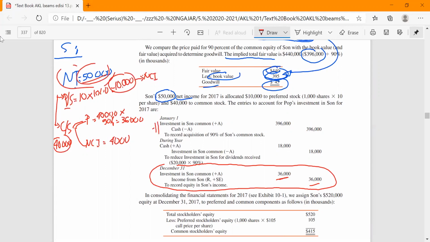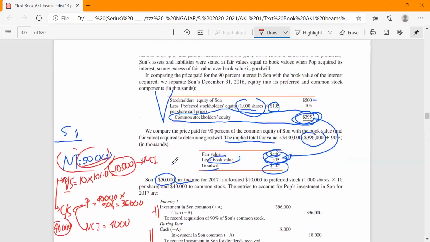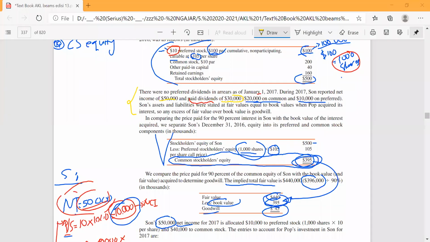Okay. And then this is about dividends. Where is the information about dividends? The information about the dividends paid by the Sun Corporation is in this paragraph. Sun reported net income of $50,000 and paid dividends of $30,000.